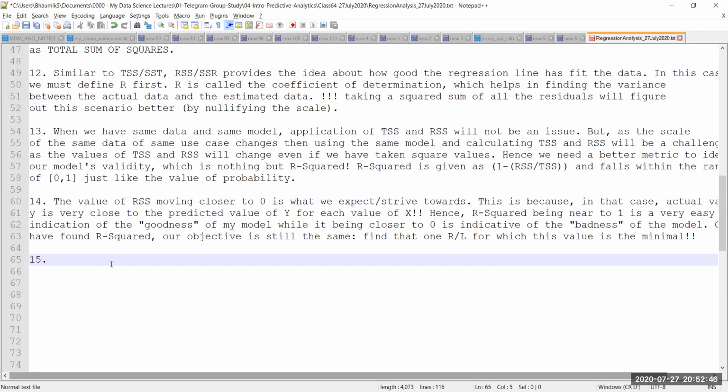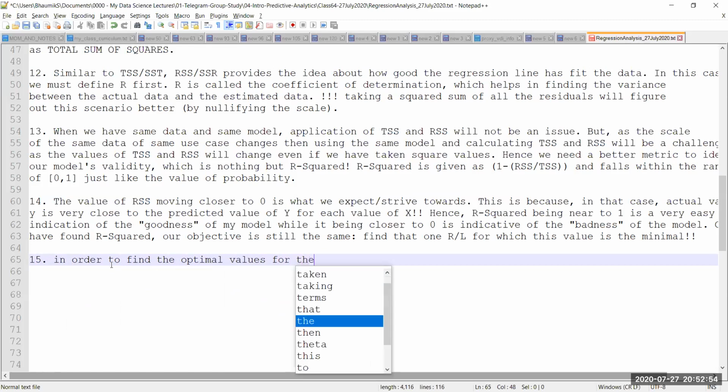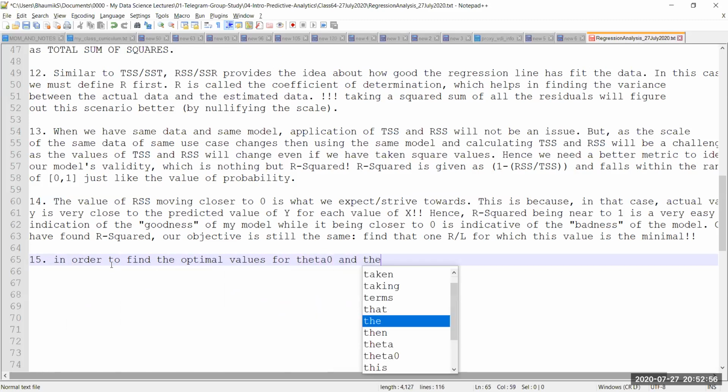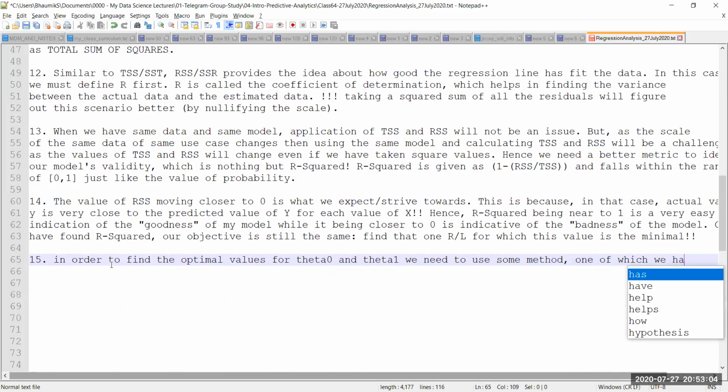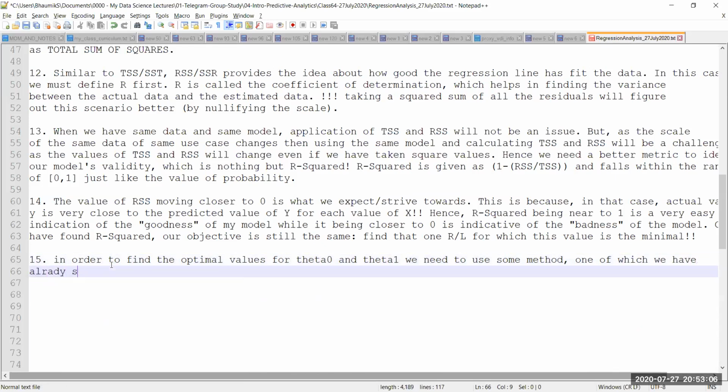So the first thing we looked into is that in order to find the optimal values for theta 0 and theta 1, we need to use some method, one of which we have already seen previously.